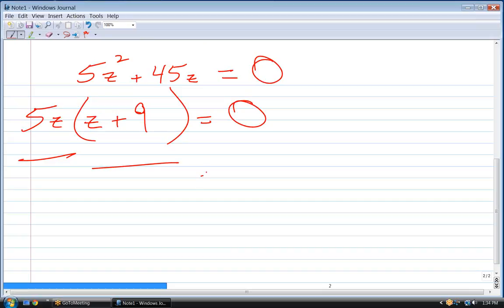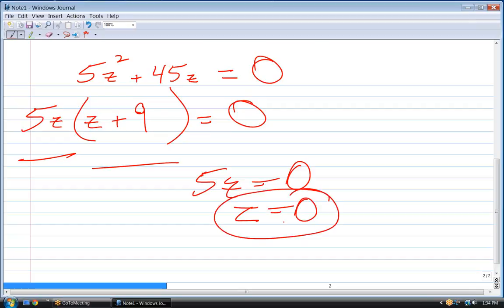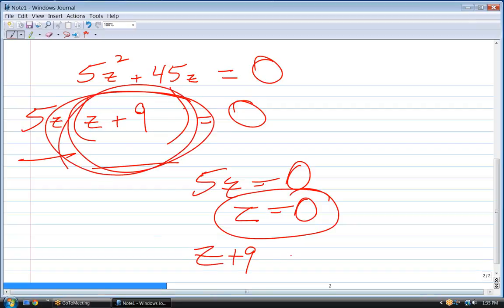Let's start with the first proposition. 5z is equal to 0. Divide both sides by 5 and you get z is equal to 0. That's one solution. The next part is z plus 9 equals 0. Subtract 9 from both sides, and you get z equals minus 9. That is your second solution.